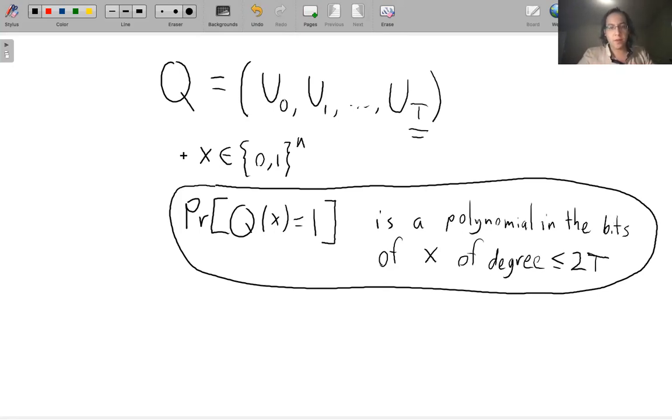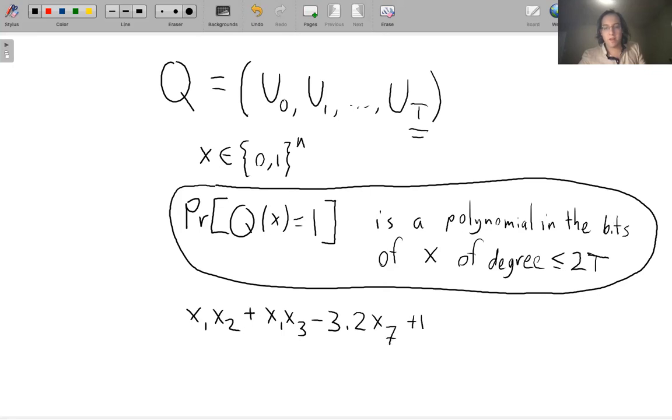to define a polynomial in the bits of x in the first place. What do we mean exactly by a polynomial in the bits of x? The first thing to note is that we mean an n-variate polynomial, not a single-variate polynomial, but we have n variables. The polynomial might look like x1 x2 plus x1 x3 minus 3.2 x7.